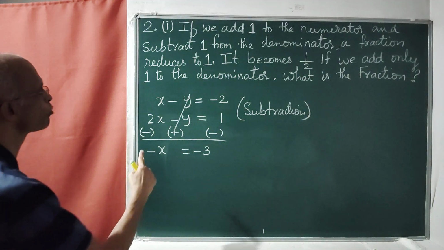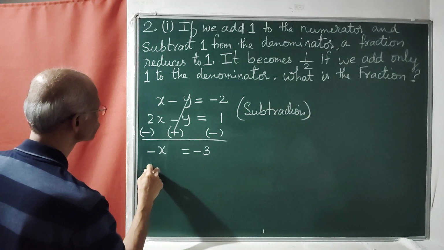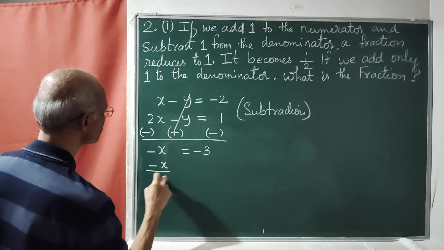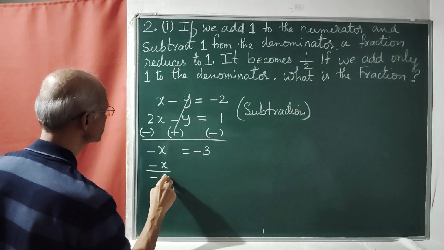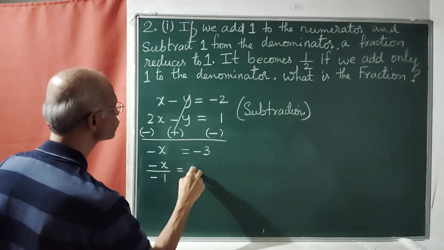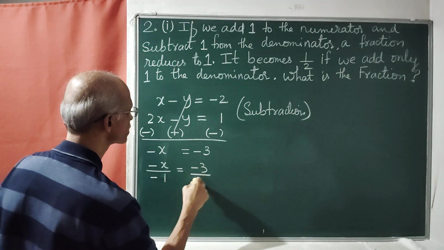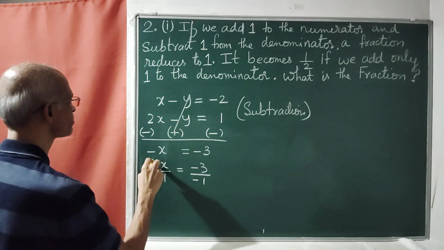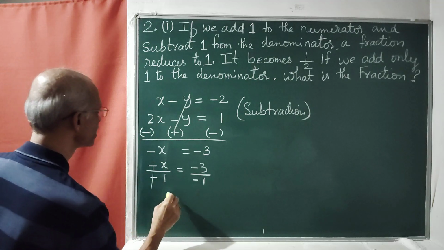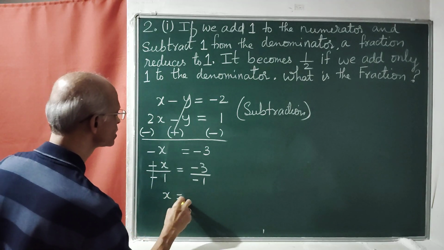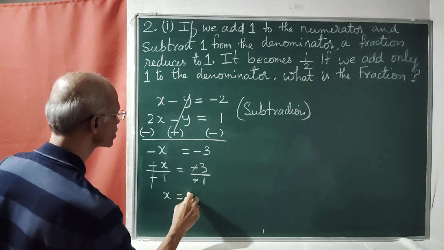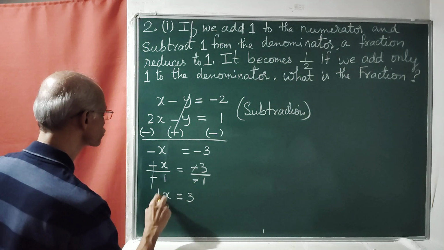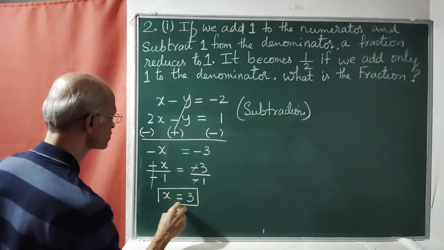Now I'll divide both sides with minus 1. So minus x divided by minus 1 is equal to minus 3 by minus 1. The minus will get cancelled, so x will be equal to 3. So the value of x is 3.